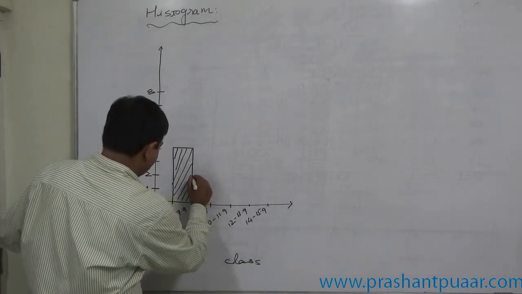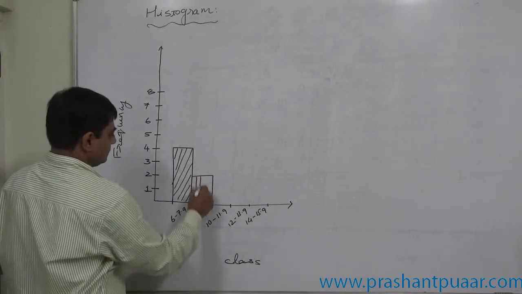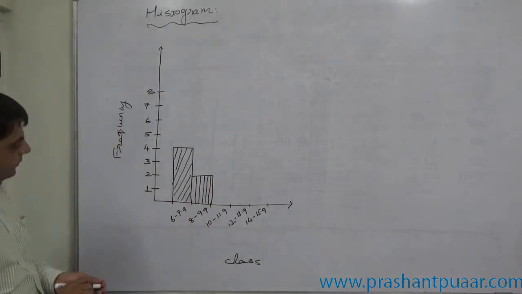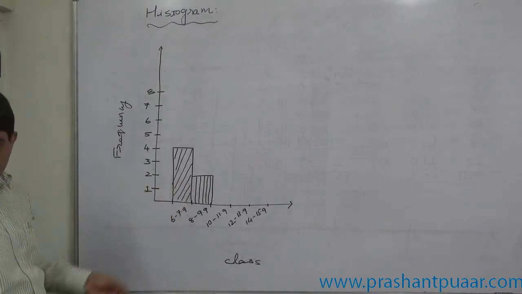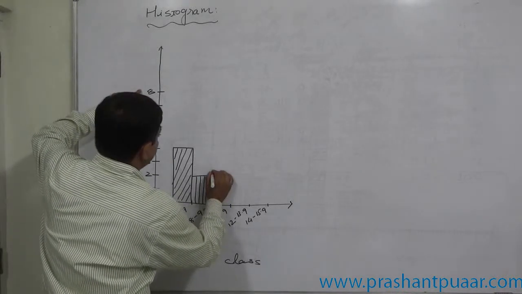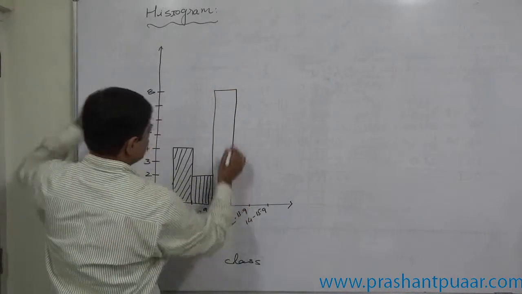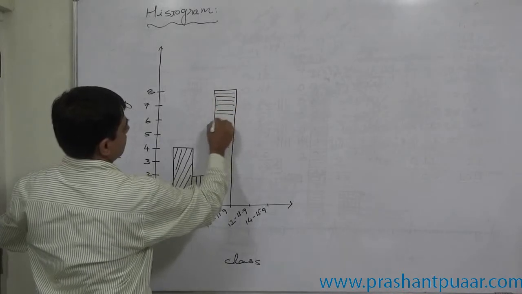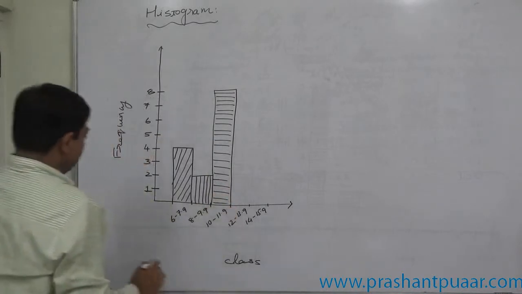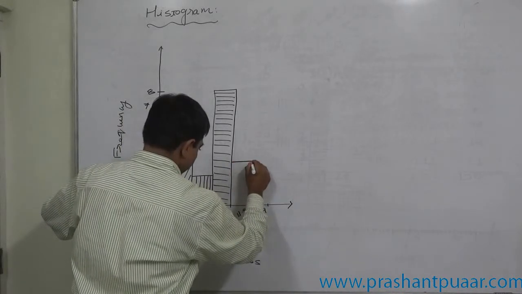So height up to 2 only. If we do not use the sign, it is also okay. The height of the third will be 8, yes. And the height of last 2 bars will be the same up to 3.